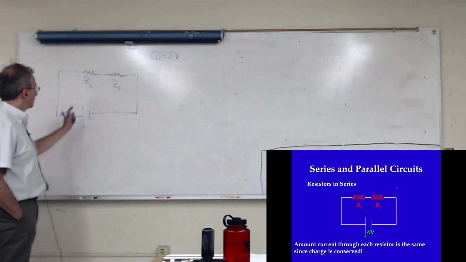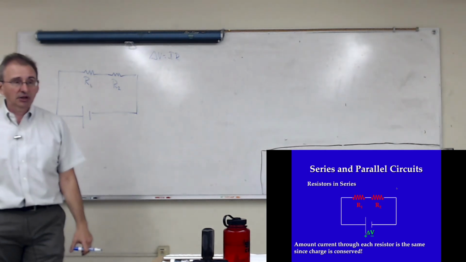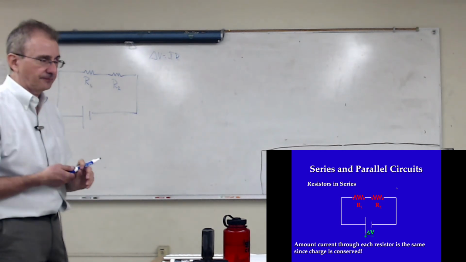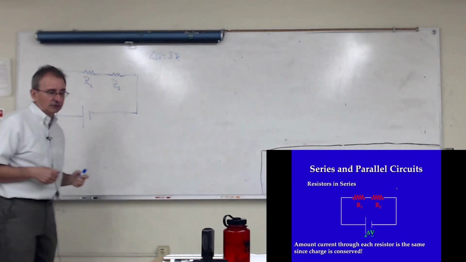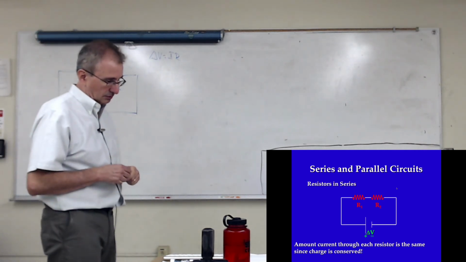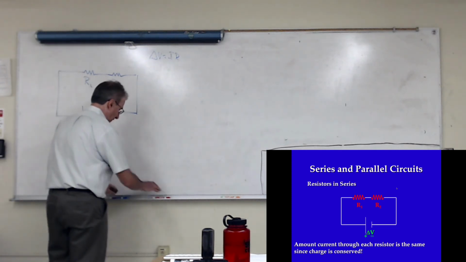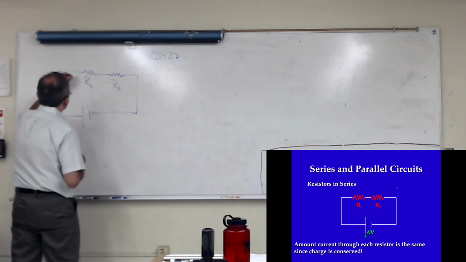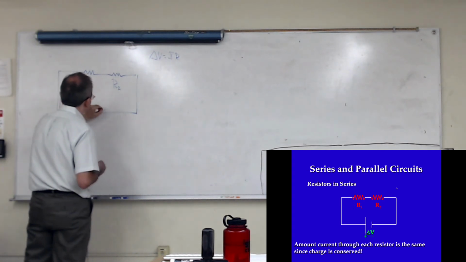All right, so these two resistors are in series, just like the two light bulbs were in series in the multimeter quiz. So let's think about the electrons moving through this circuit. The electrons go this way, like so.